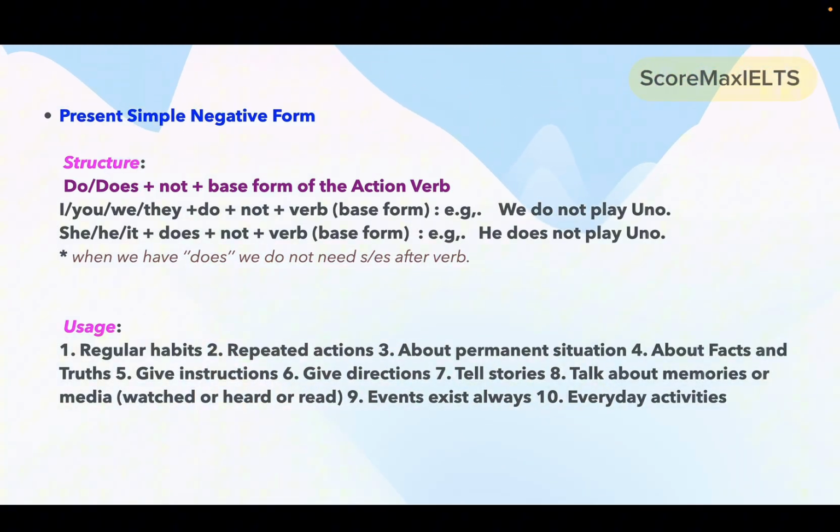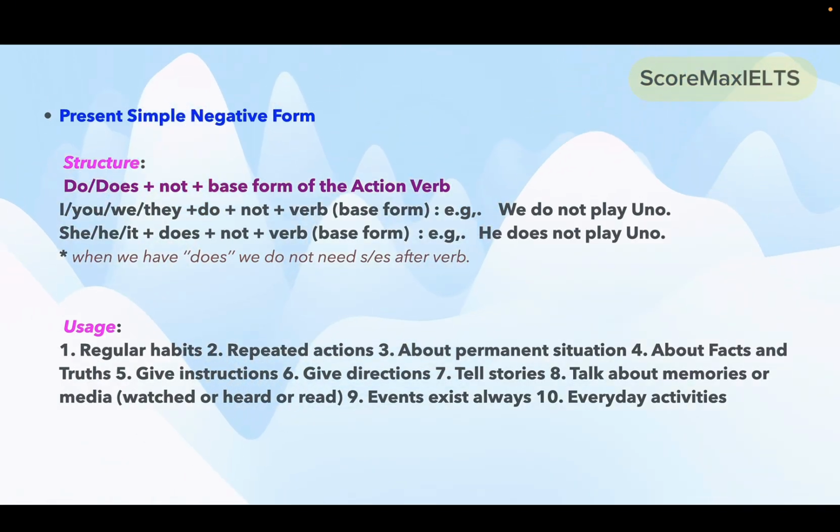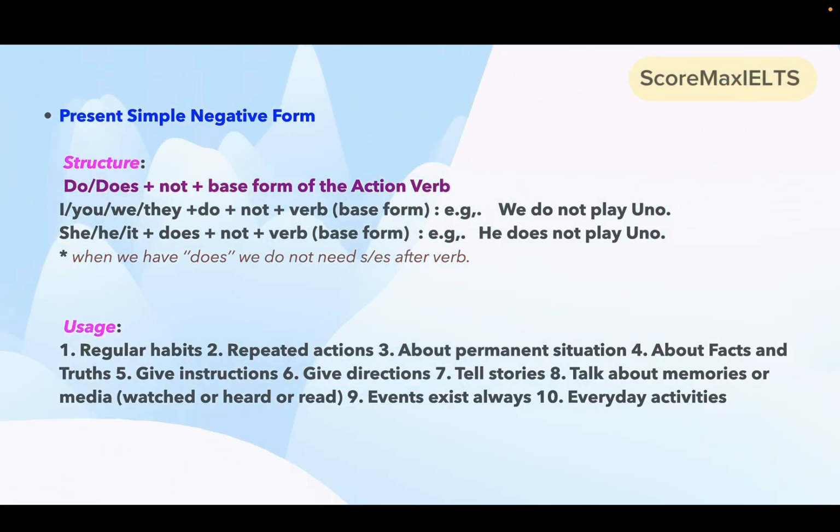He does not play Uno. As you see, the verbs in both sentences are in base form. And in second sentence, we do not see verb ending s. And the meaning of both sentences is negative.